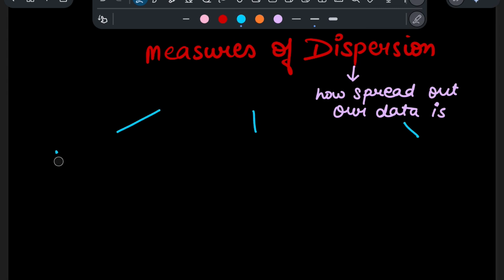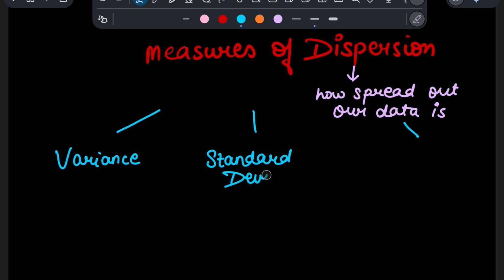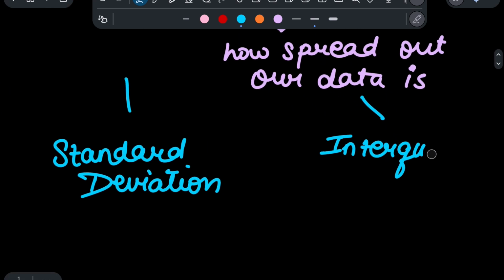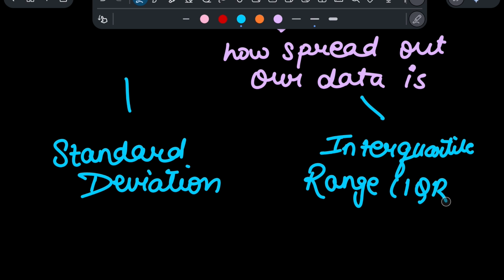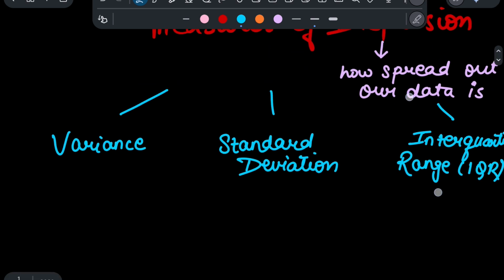So we have variance, standard deviation, and the interquartile range. We also refer to it as IQR. So before talking about the variance, let me talk about the dispersion.